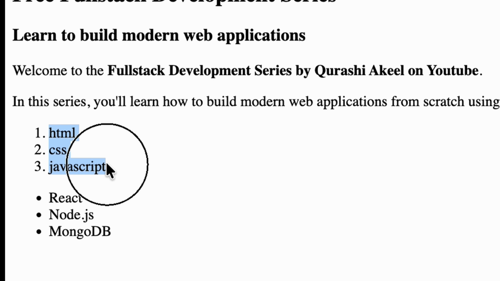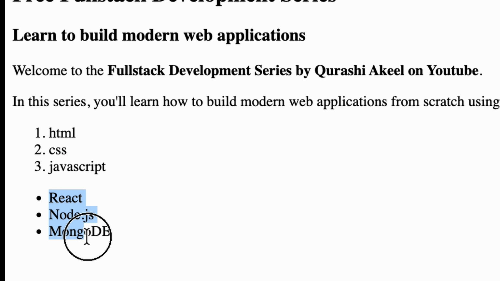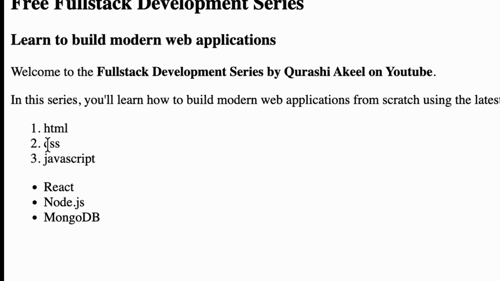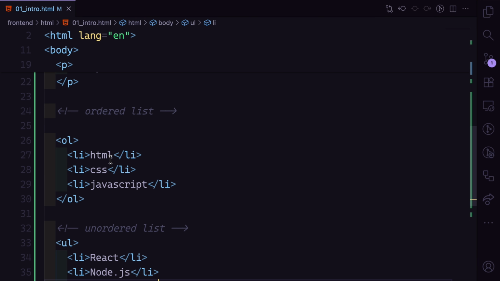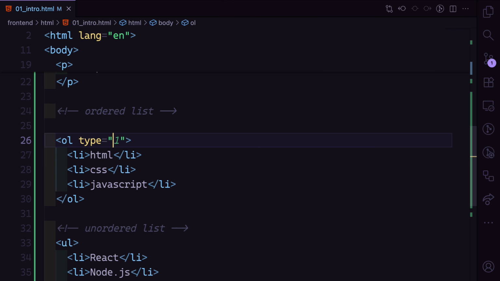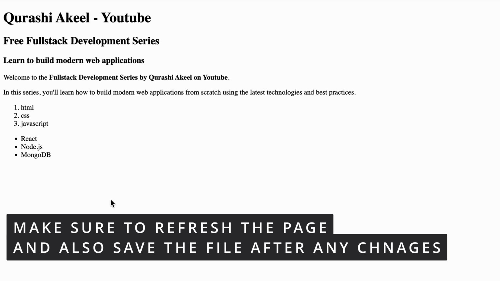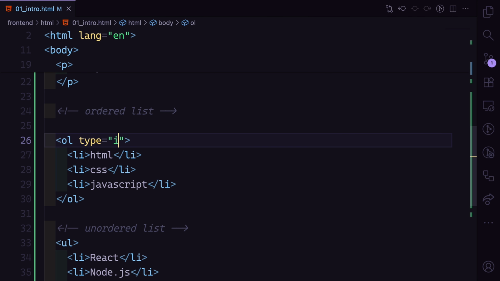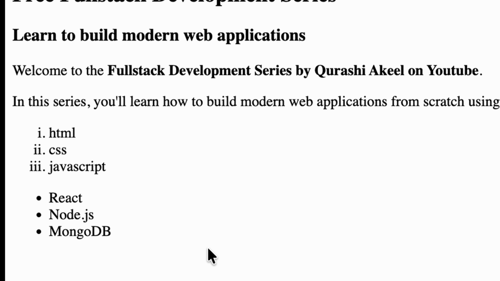Here we have the ordered list items, we have ordering. But inside our unordered list items, we do not have any order. Instead of keeping it like this, we can mention type as 1, which means it should show 1, 2, 3, or we can keep type as A, which means it should show A, B, C. And we can also keep type as this, which will show it this way.